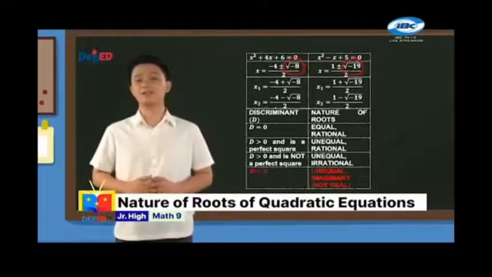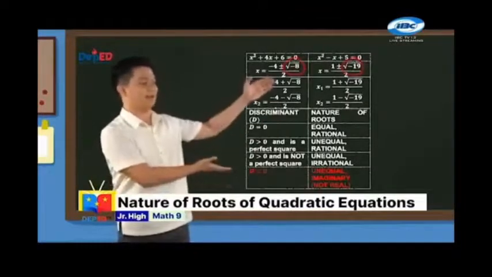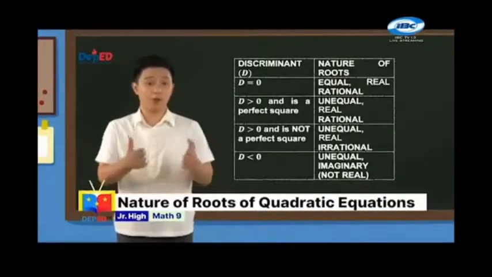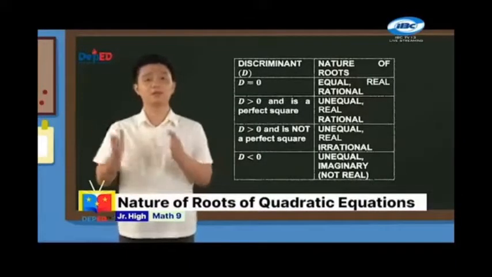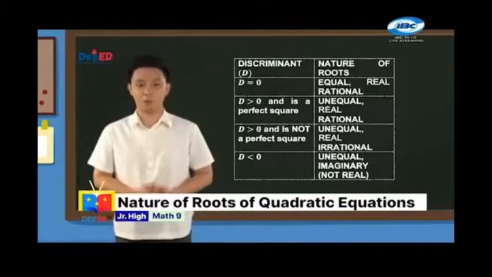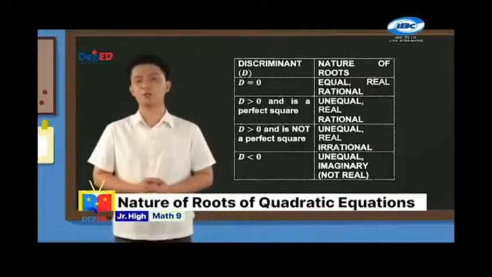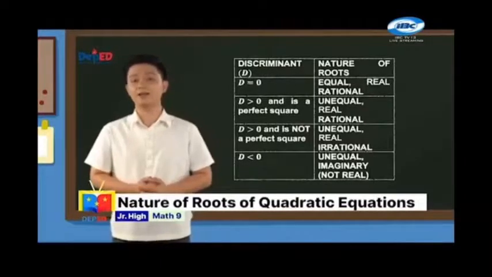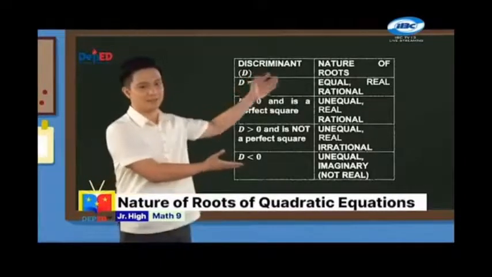Let's add this observation to our table of highlights. And by the way, rational and irrational are the two types of real numbers, the opposite of imaginary numbers. Let's add this detail to our table of highlights.